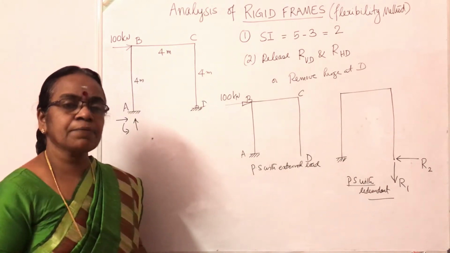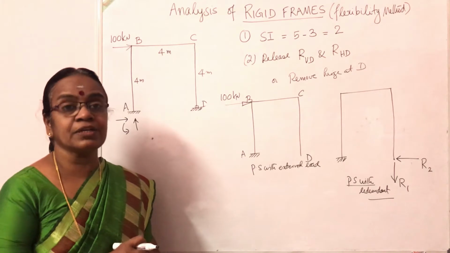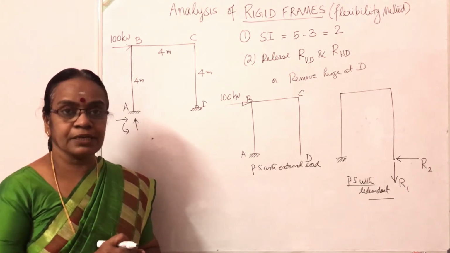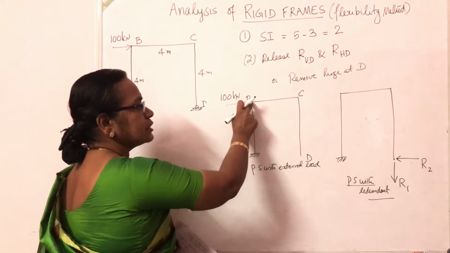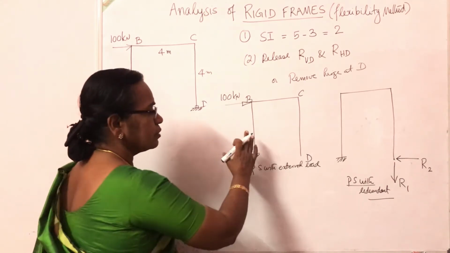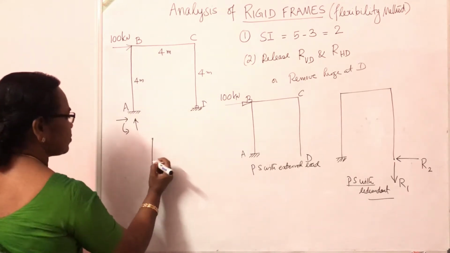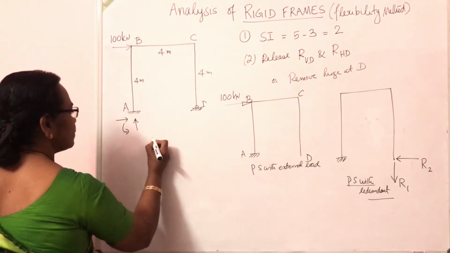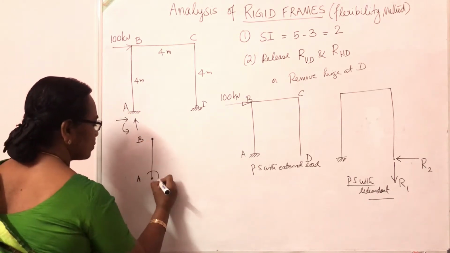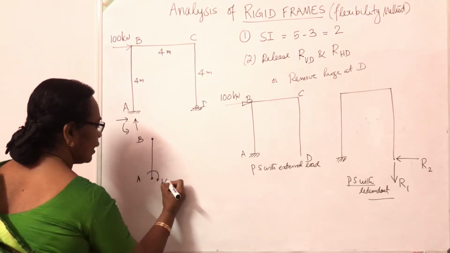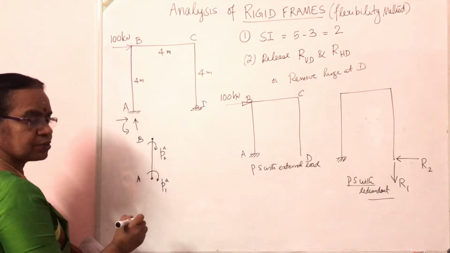Now what is the next step? As in the continuous beam, the third step was to find the equivalent joint loads and obtain the analysis structure. In this particular case, there is only one load. It is acting at this node itself. So next step is we can split it into elements. So I will consider it as a 3-element structure. Element AB has P1 of A and P2 of A. These are the two element coordinates.